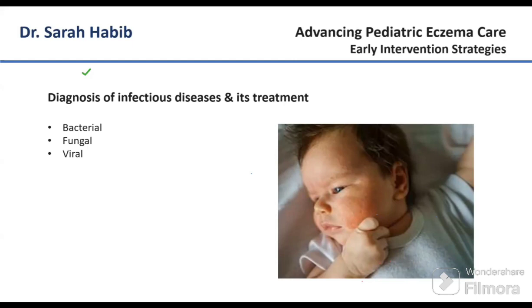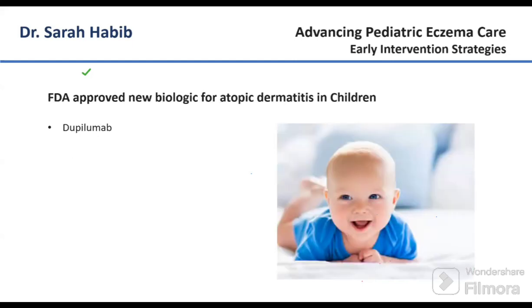So the last but not the least is FDA-approved new biologicals. I hope you have heard about biologicals, and these are the new drugs, very aggressive and life-changing kind of drugs. These are expensive, very expensive for the Pakistani population, but these are effective. Even dupilumab, which is an interleukin-4 receptor antagonist, is present even in Pakistan.